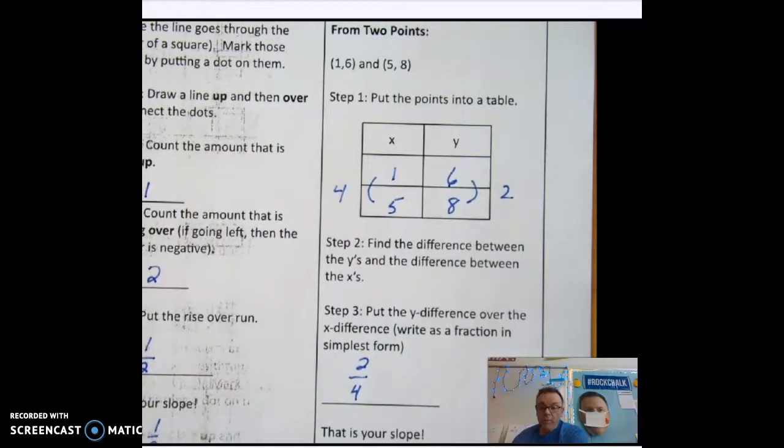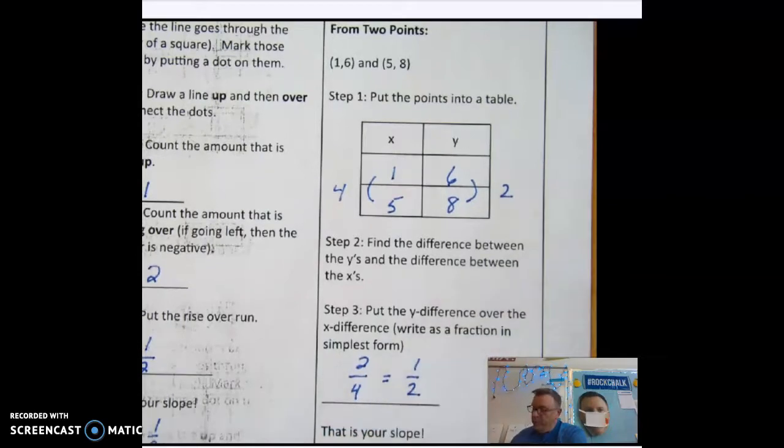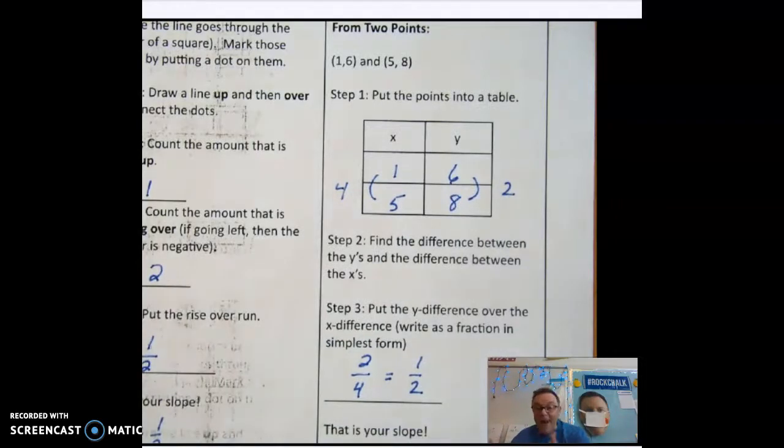So my slope is 2 over 4. Simplified, that means my slope is going to be 1 over 2. Hey, finally, a positive slope. So if we graph that one, it would be going up 1 over 2, up 1 over 2, up 1 over 2. That one is a positive slope.